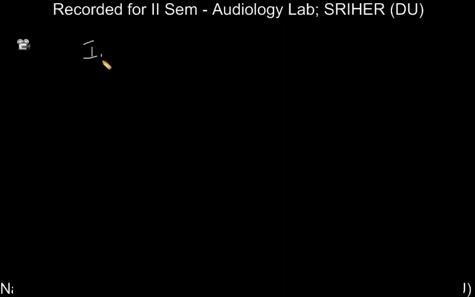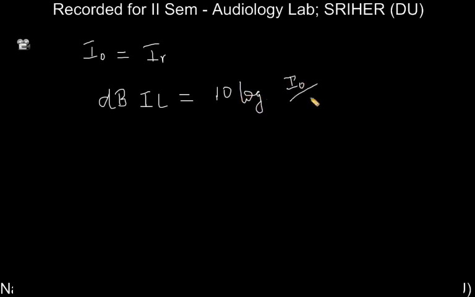Now let us see what happens when the observed intensity is equal to that of the reference intensity. Decibel intensity level formula is 10 log observed intensity divided by the reference intensity.